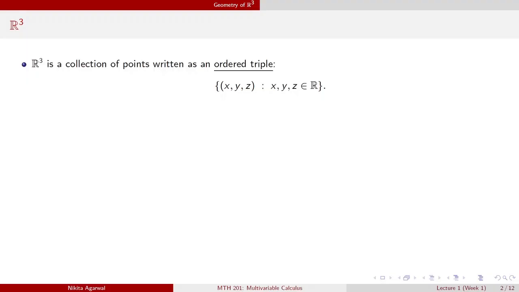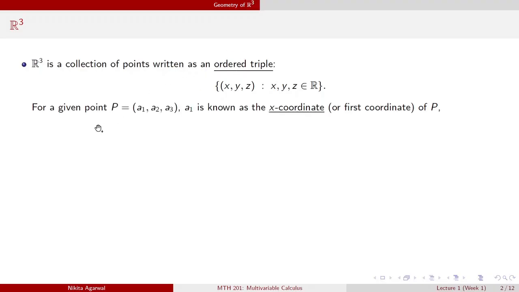So what is R3? R3 is a collection of points written as an ordered triple of the type (x, y, z), where x, y and z are real numbers, and they are written within round brackets, and ordering is important.